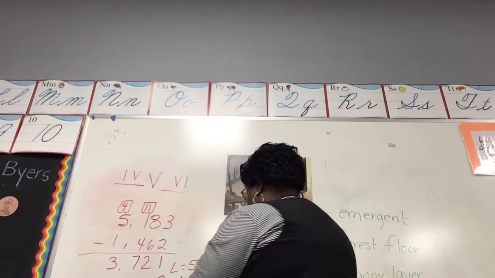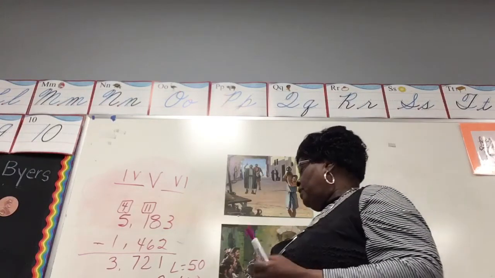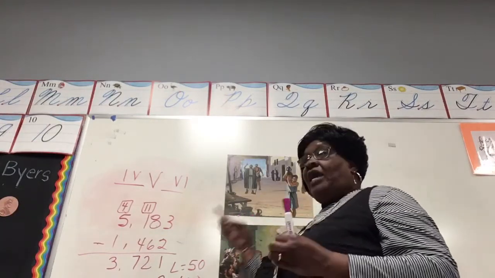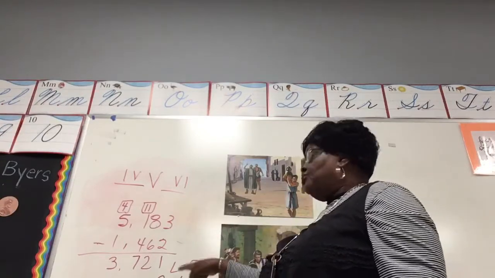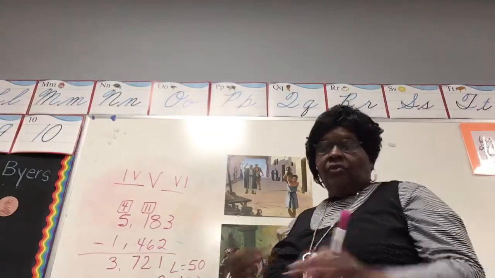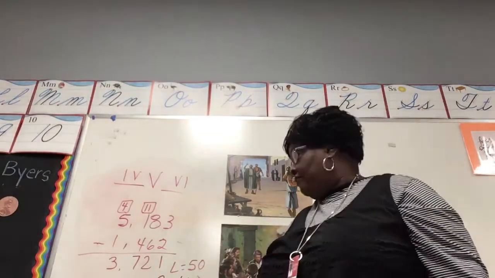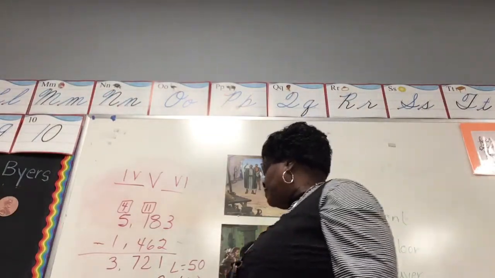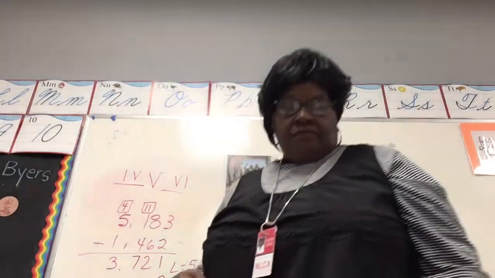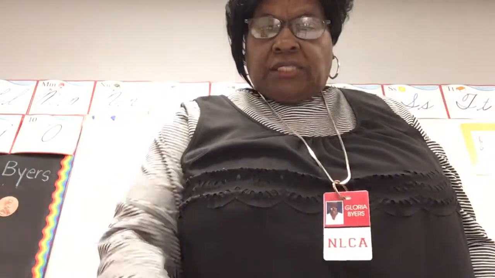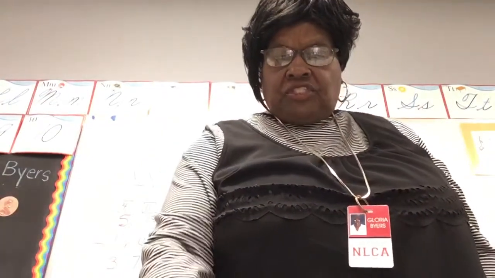And if you have 2 M's, MM will be 2,000. If you have 2 C's, CC would be 200. 2 L's would be 100. You add the numbers, if you have 2, as I said, you add the 2 together. So that's all I'm going to say about the math sheet.